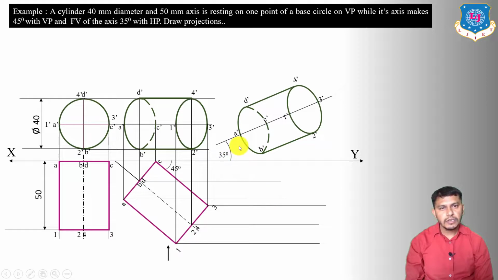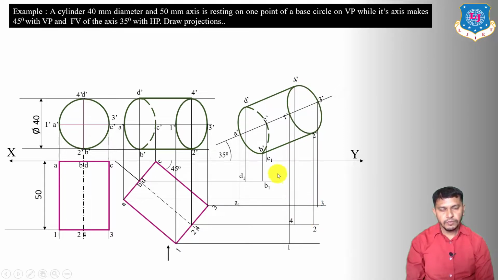Now draw the projection from the front view. So the projector of A dash, here we will get A1, here we will get B1, C1 and D1. Likewise 1, 2, 3 and 4.